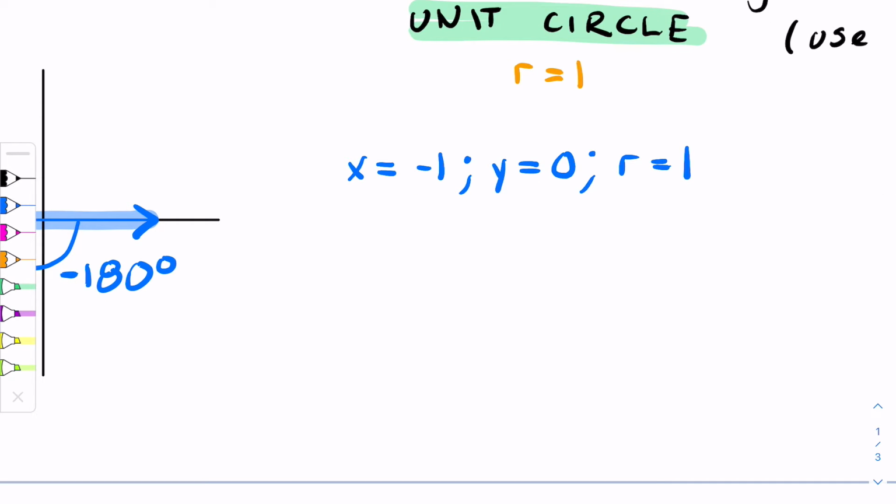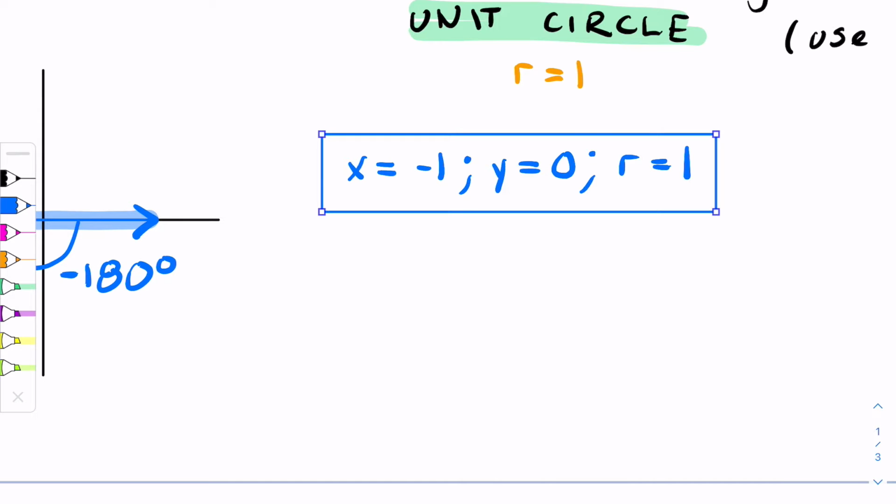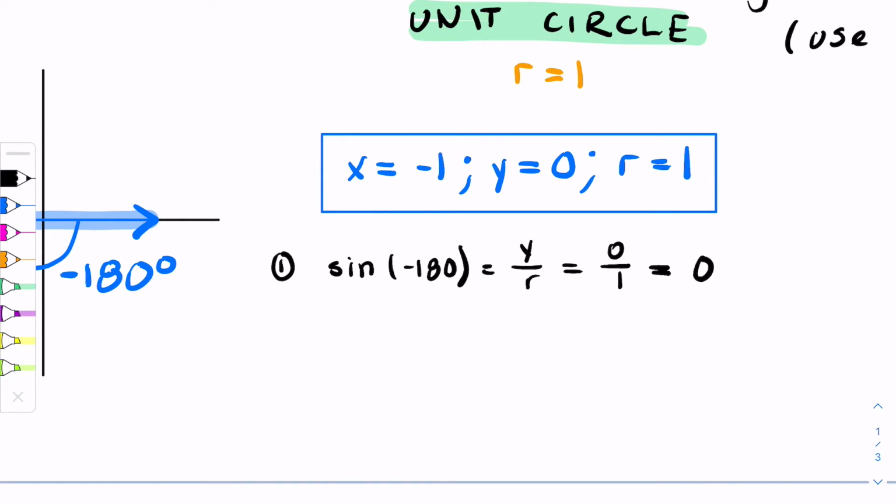This here sets me up for my 6 trig functions. We're using the same values that we learned in the last lesson. So the first value is going to be sine of negative 180, which is found by your y value over your r value, or 0 over 1, which is 0.